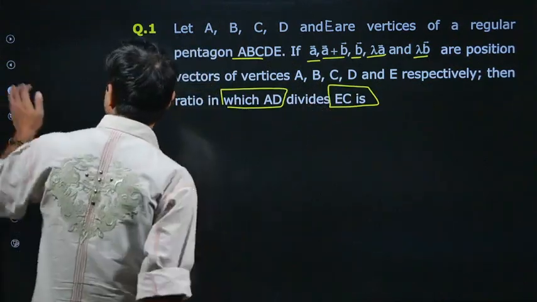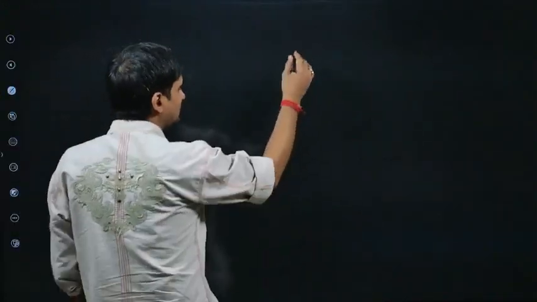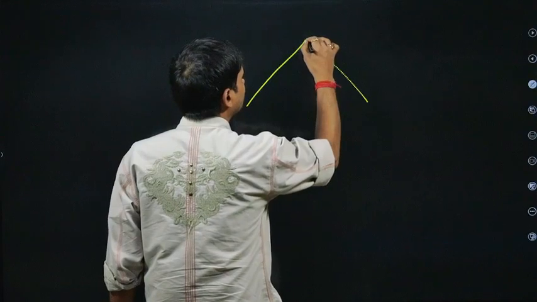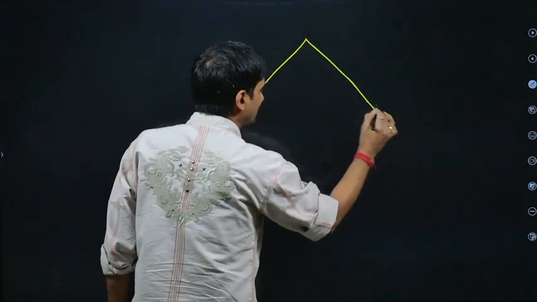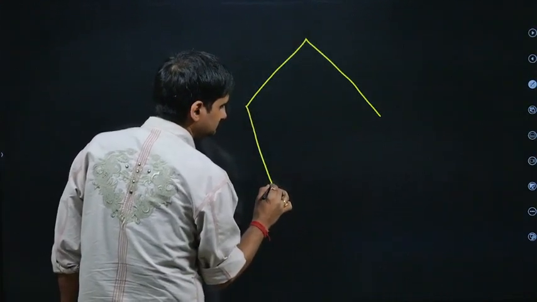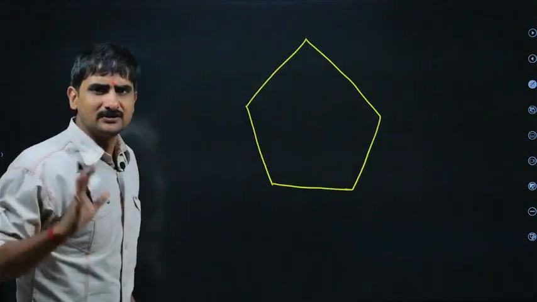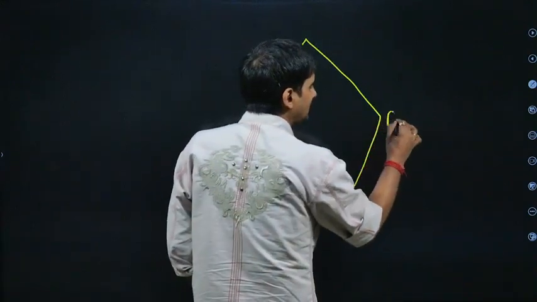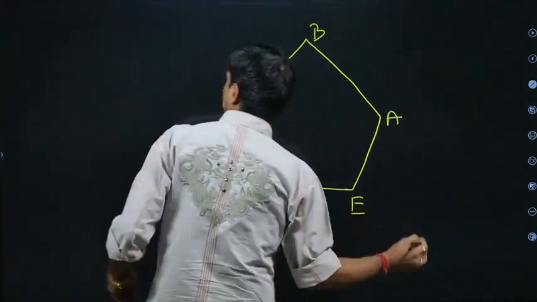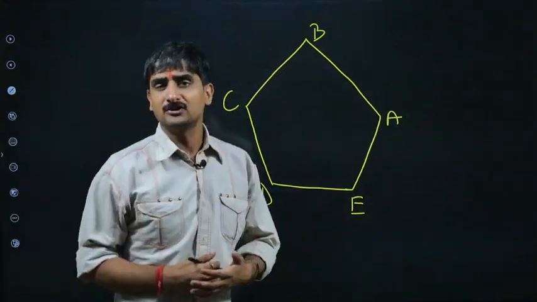Now see how I started looking at the vertices. If I draw a pentagon here, it might not seem to be a regular pentagon, but let us assume it's a regular pentagon with vertices A, B, C, D and E. Now look at the position vectors of the vertices given.